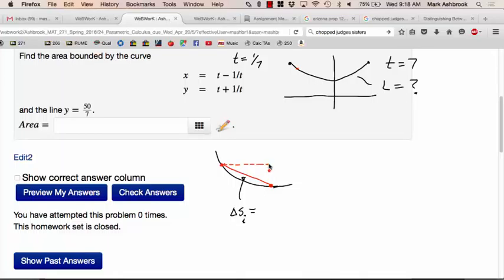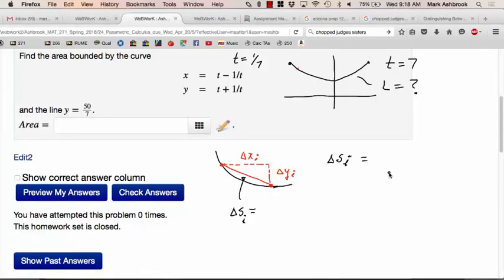So for every little line segment, there's an associated change in x and change in y. So imagine we have a bunch of these little line segments from one point to another, and we're numbering them, the first, the second, the third. So this is just a generic, the ith one. And so what is delta Si?